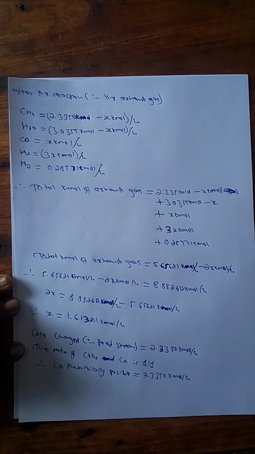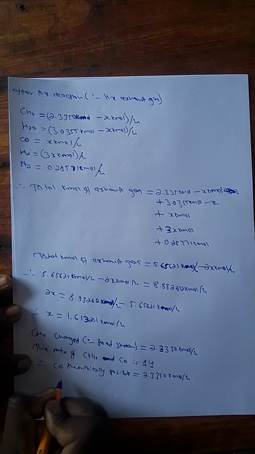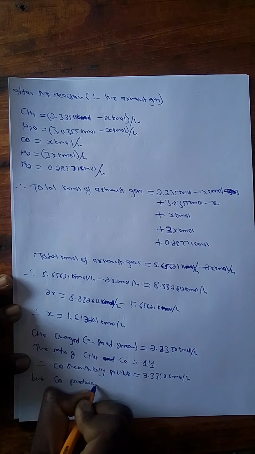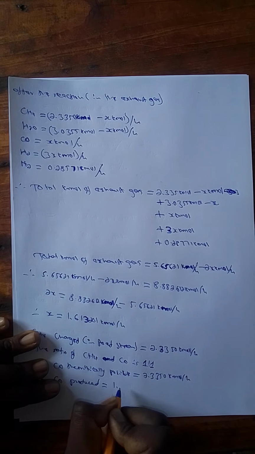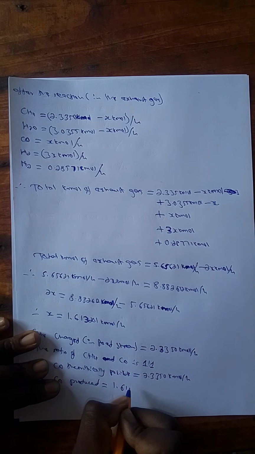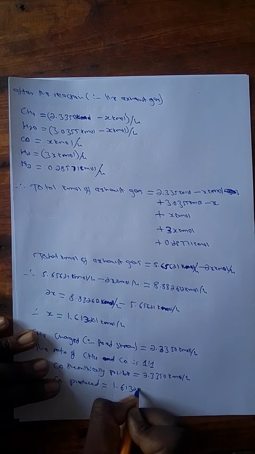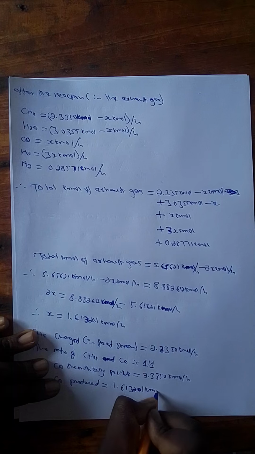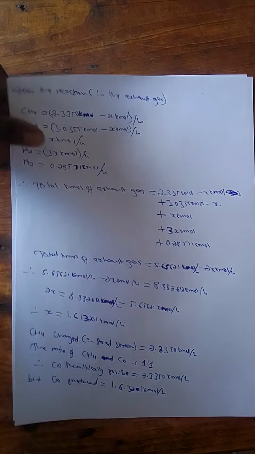However, we know that the CO produced is equals to the X, which was equals to 1.613201 kilomole per hour.